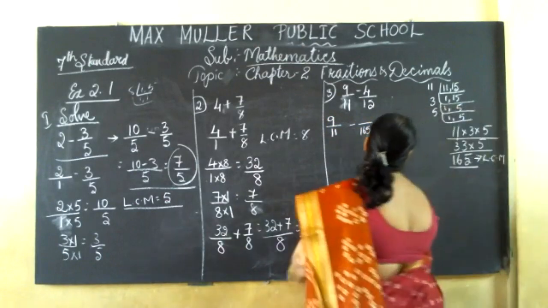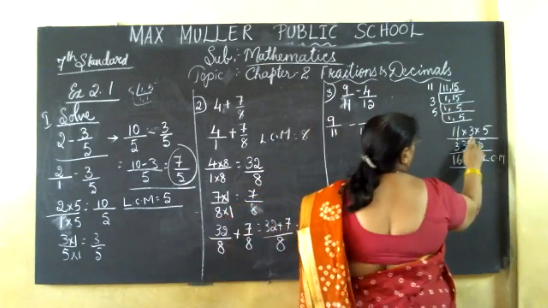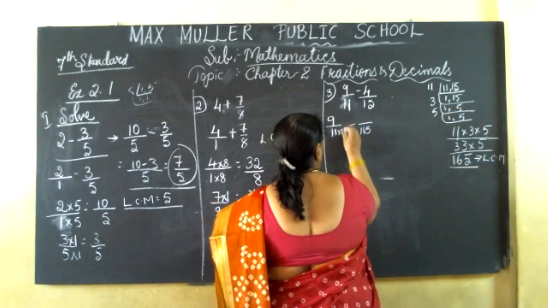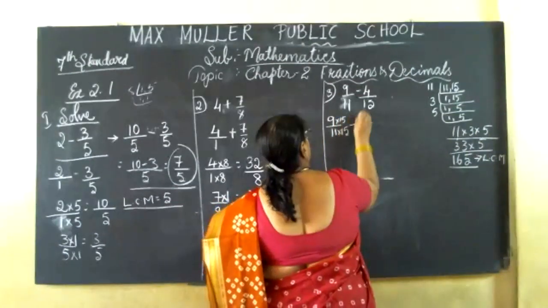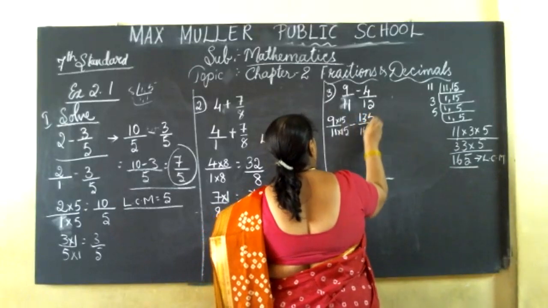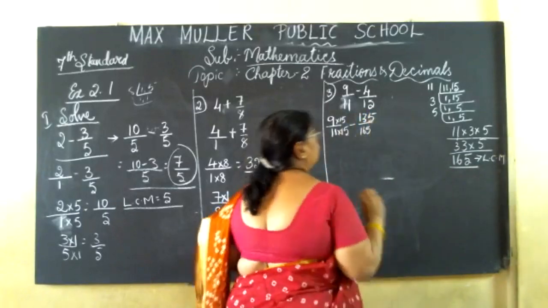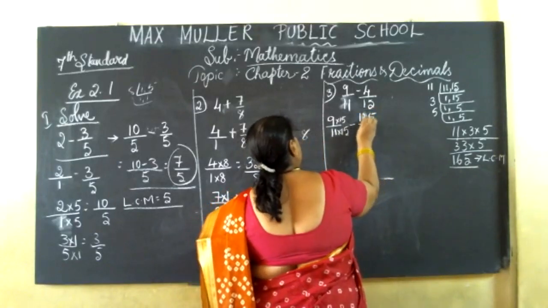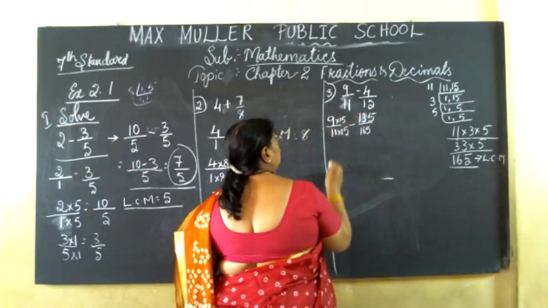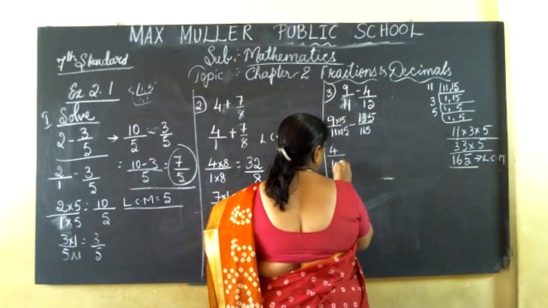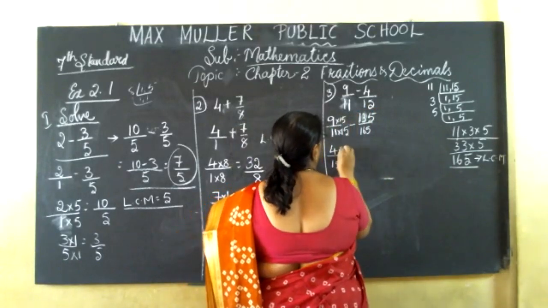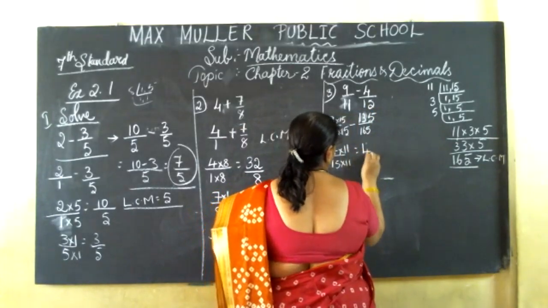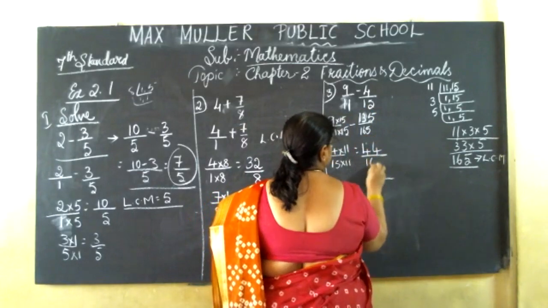So 165 divided by 11 is 15, so multiply into 15. 9, 15 nines are 135. Then 4 by 15 into 11 into 11. So 44 by 165.